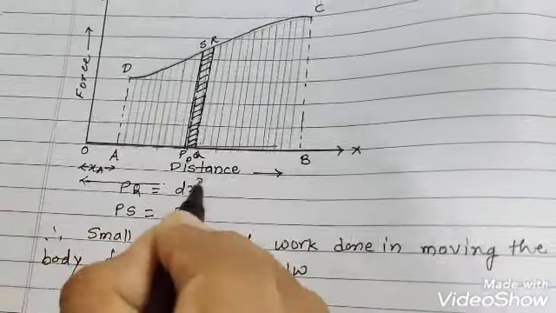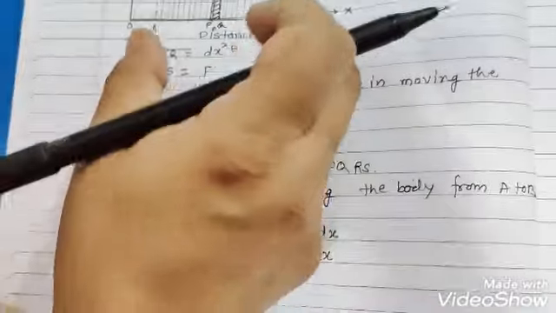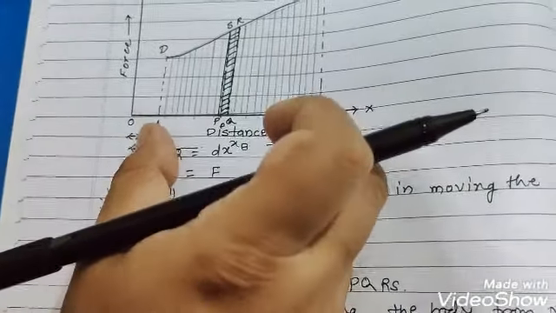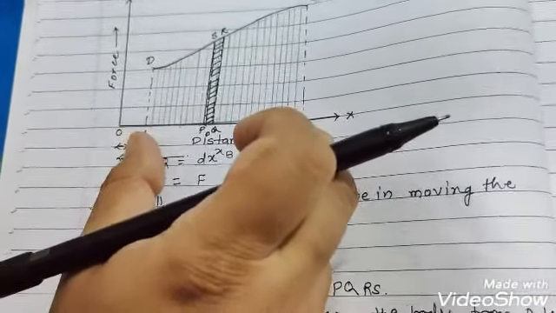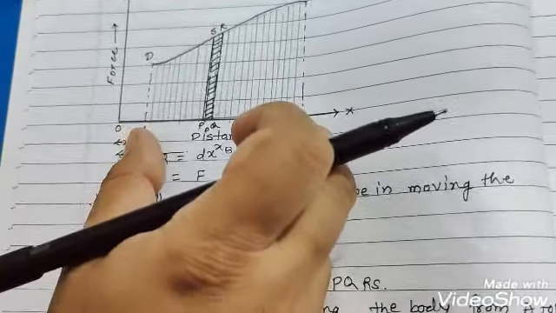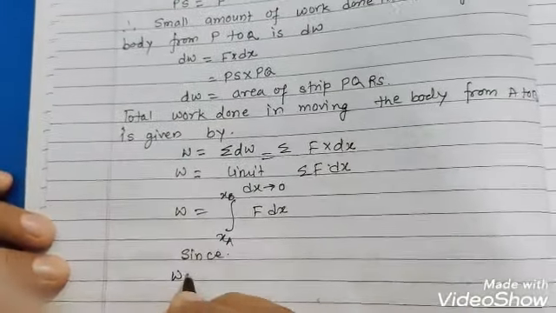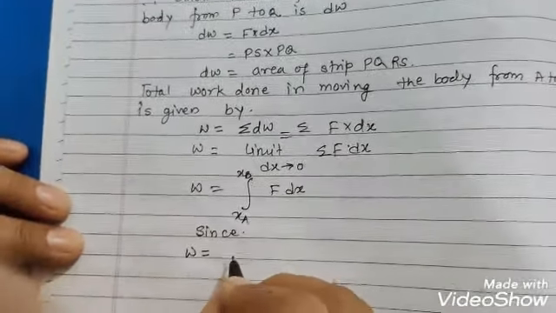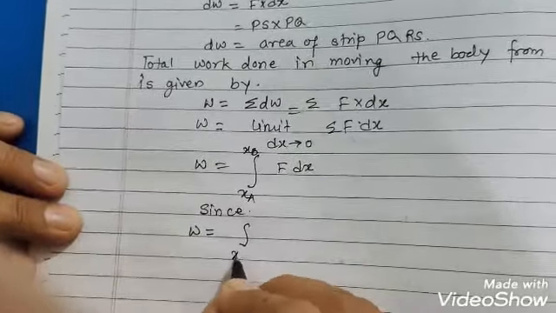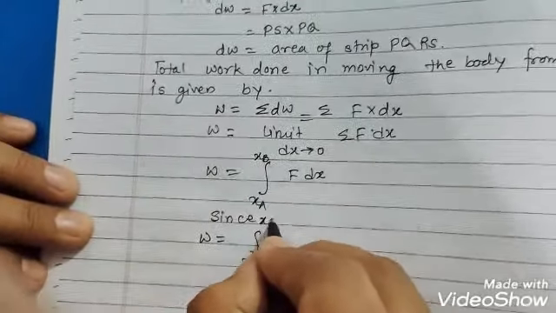If we are taking the limit here, that will come from between A to B. Actually, when we are talking here about the work done, this work done is equal to the integral from xa to xb of f dx.